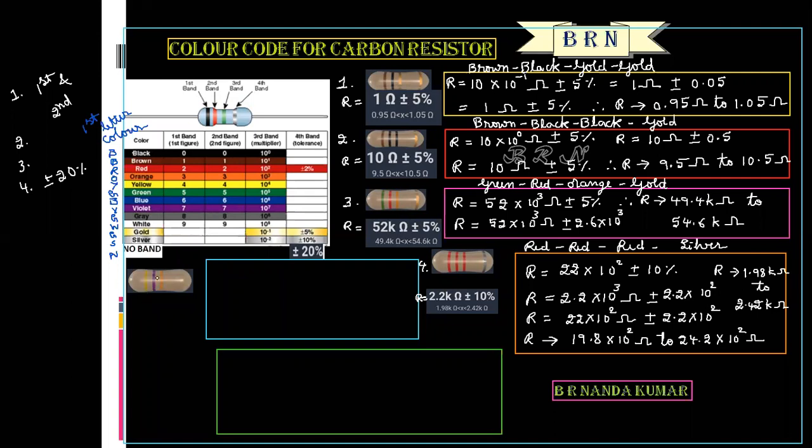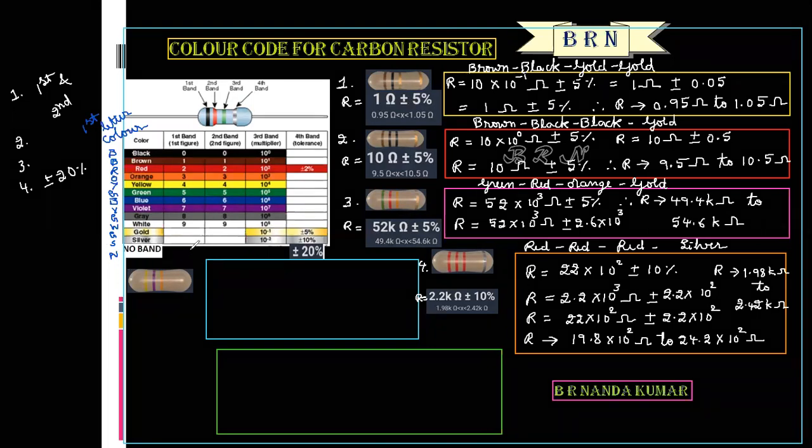So here, what are the colors? The first one is yellow, the next one is violet, and the third one is orange. Here there is no fourth band. The absence of a fourth band means the tolerance is plus or minus 20%. Yellow means the significant digit is 4.